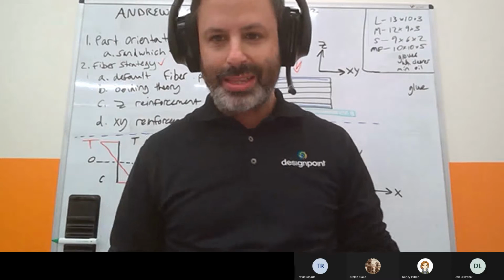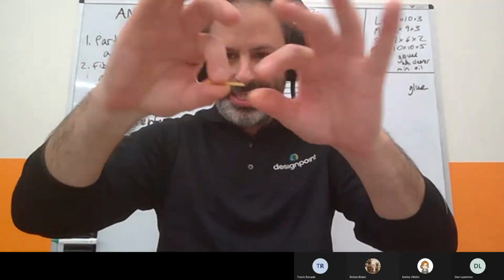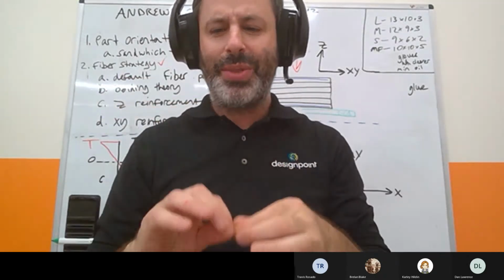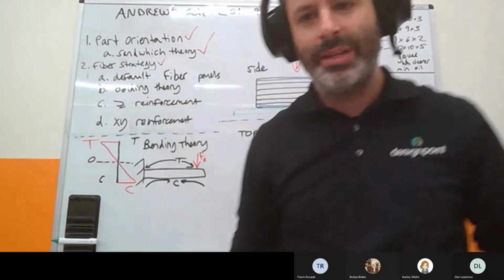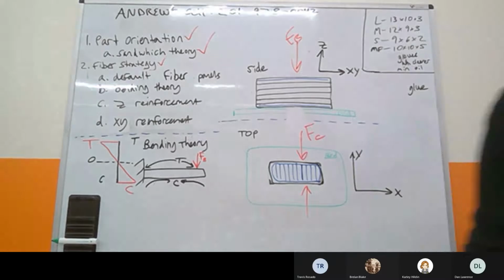But we can look at the opposite way, right? Now we take the piece of spaghetti and let's put it into tension. Well, it's pretty hard to break actually if you don't twist it or bend it in any way. So that's how the fiber is. The fiber is much, much better in tension than it is in compression.